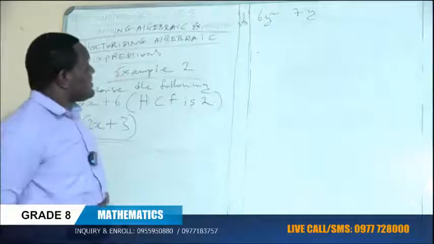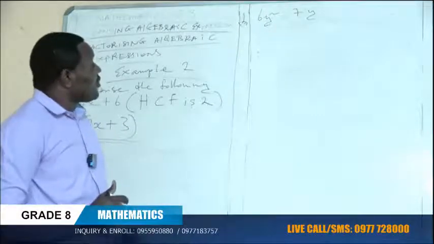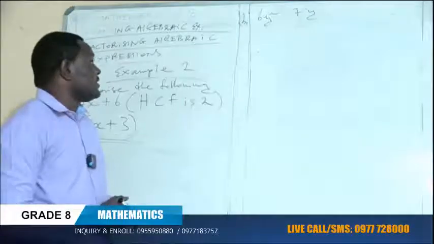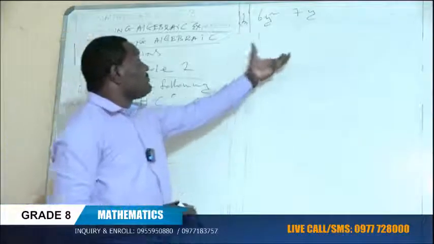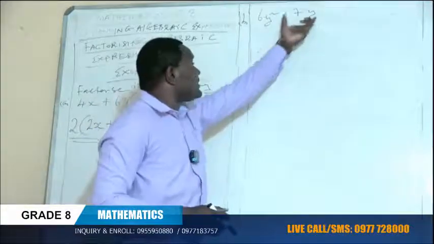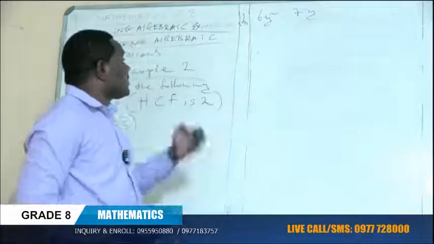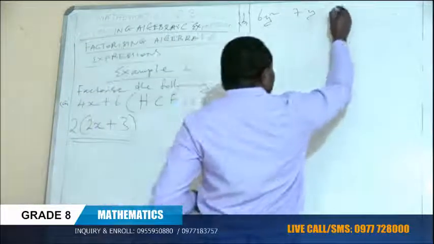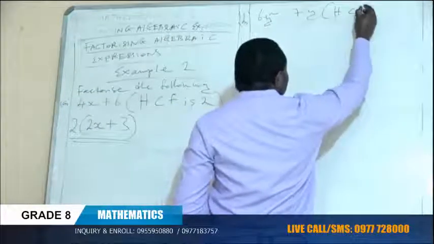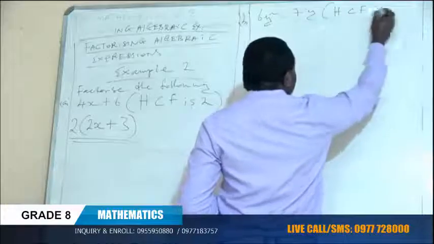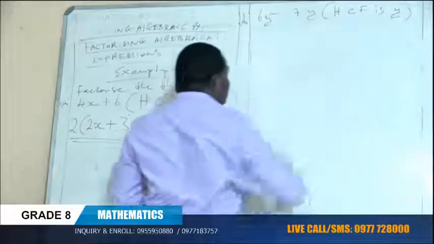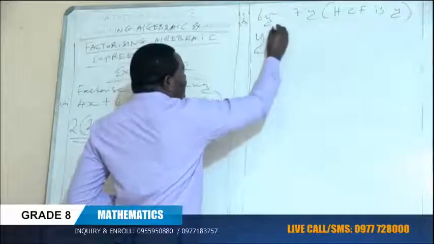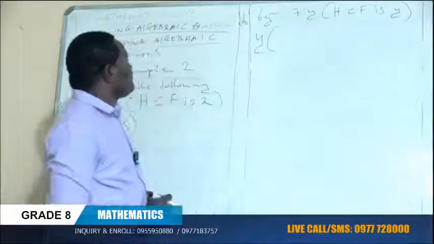If you check this expression, we have to look for the highest common factor. Which one is the highest common factor? Remember, we have two terms here, the first term and the second term. If you check, our highest common factor here, HCF, is y. So we are going to factor out y, open brackets.